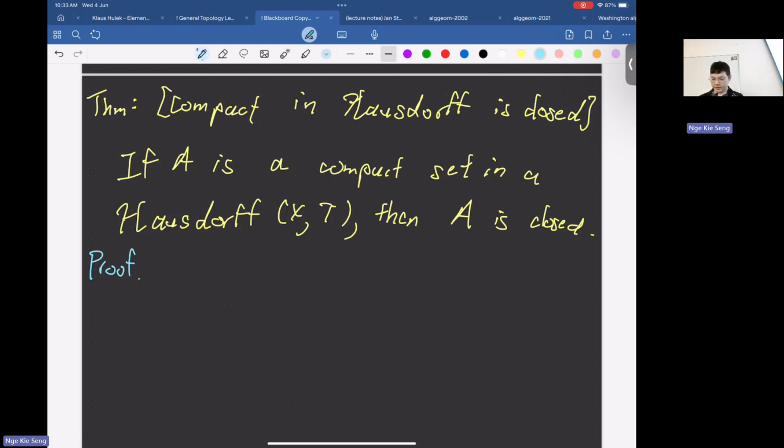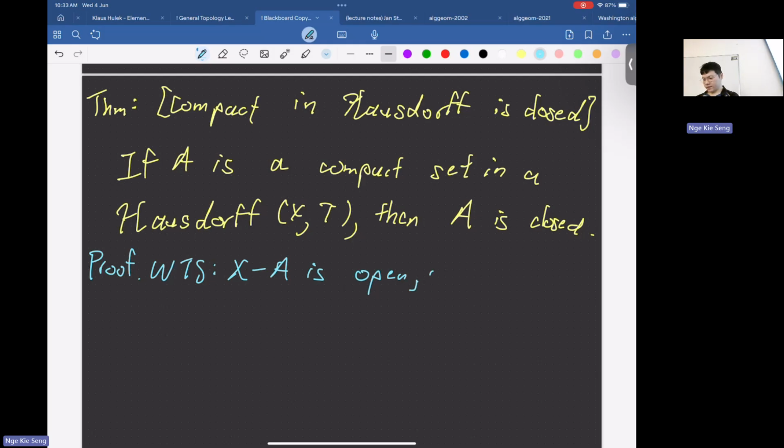We want to show that X minus A is open. How to show X minus A is open? For every point in X minus A, there is an open neighborhood around this point that is contained inside X minus A. You need to find an open neighborhood.